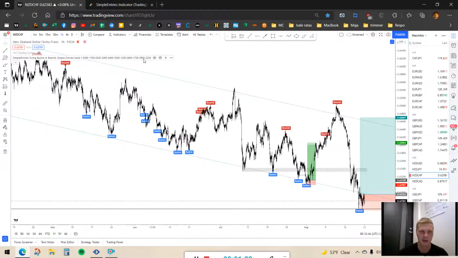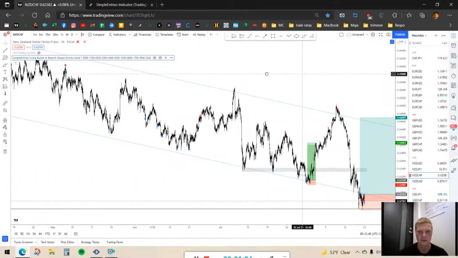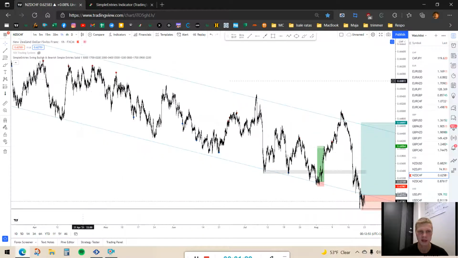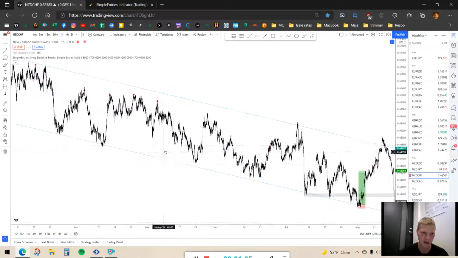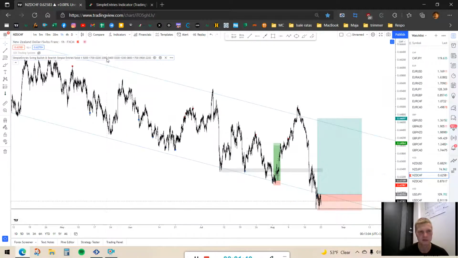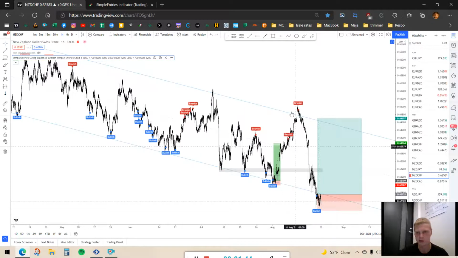So I don't really need the labels. I just made my signals a red dot if it's about to go down, and a blue dot if it's about to go up. So I don't really need the labels to show whether it's a bullish or a bearish signal.